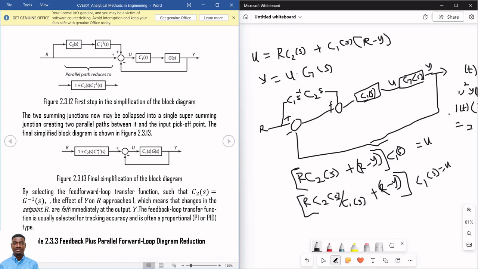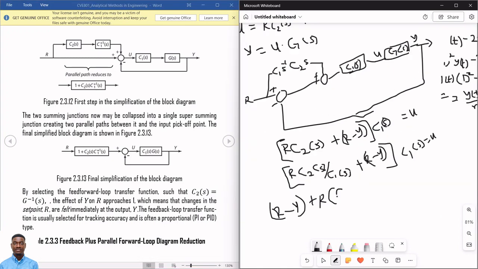So if you look at this very diagram, C1S inverse dot C2S, that is what we have here.